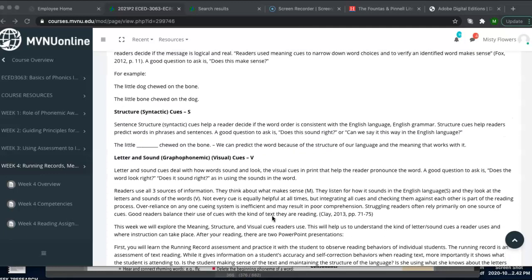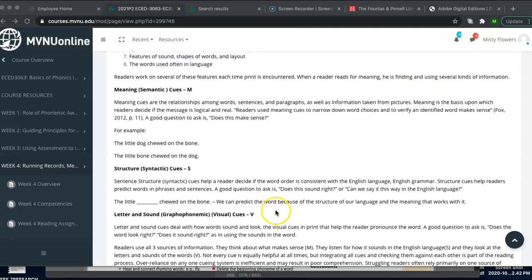And the more you analyze running records, the more proficient you become with MSVs. It takes a long time to become proficient in the analysis of the running record. That's where the power of the running record is, because that's what guides your instruction.